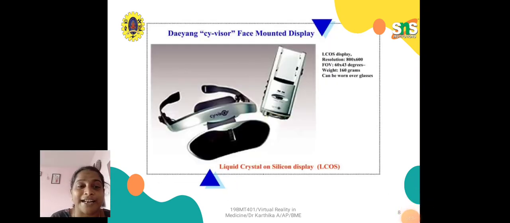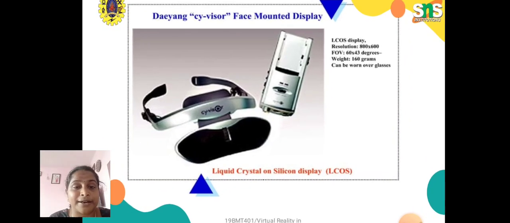Okay, next one is our liquid crystal on silicon display. See here, the resolution is high compared to the previous one, but the weight is somewhat higher. Normally we have 100 grams, but here it is 160 grams. It can also be worn over glasses. See here, this is a face mounted display.